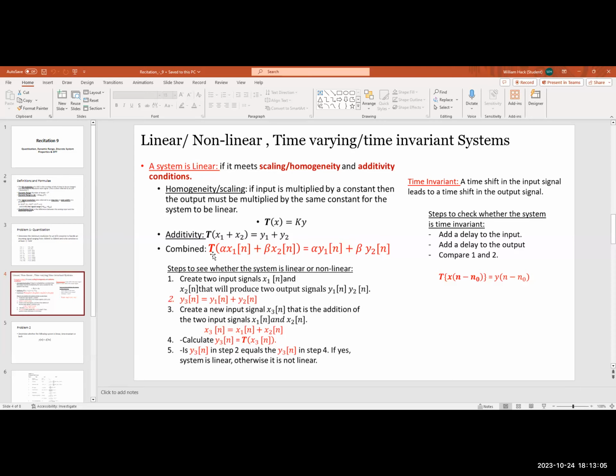And that combines into T of alpha x1 of n plus beta x2 of n gives you alpha y1 of n plus beta y2 of n. And then for time invariance, a time shift in the input signal leads to a time shift in the output signal. These are the same properties we had before. Just make sure you're still remembering these.